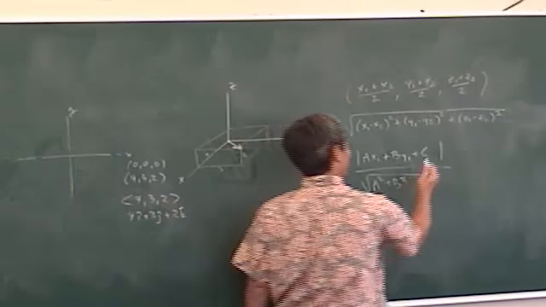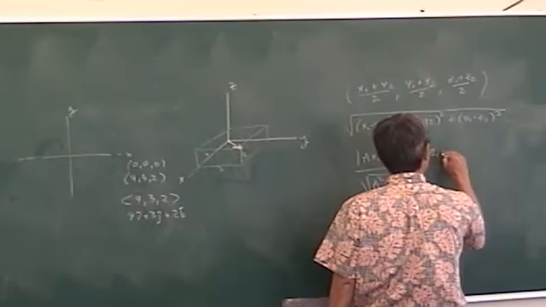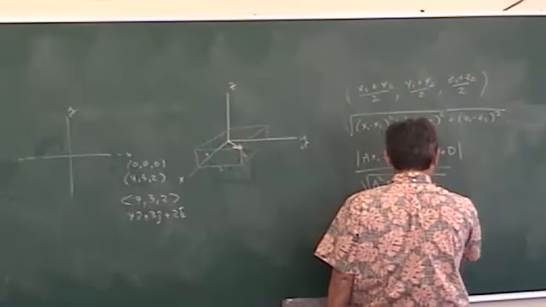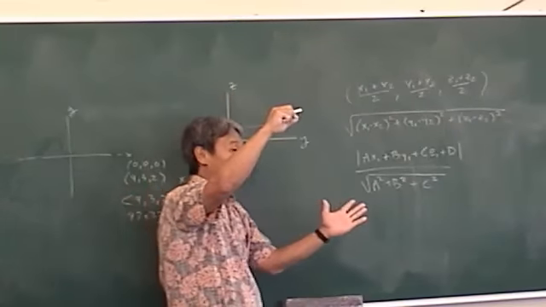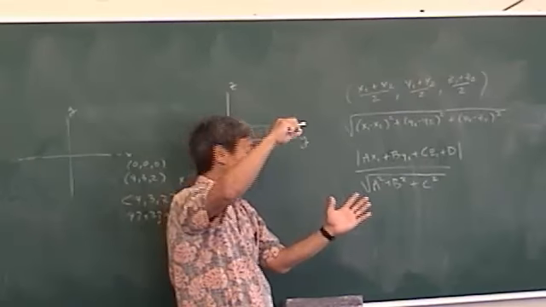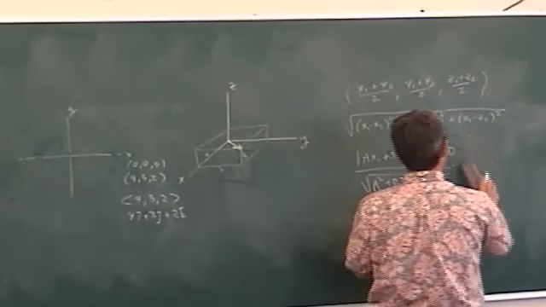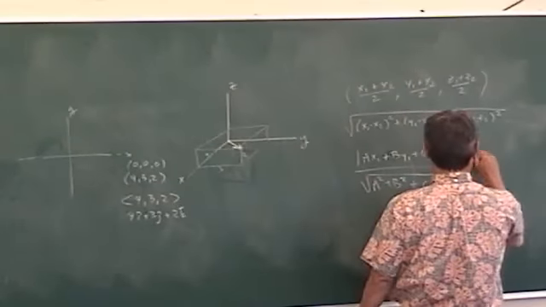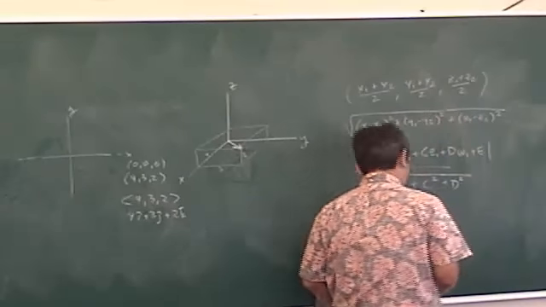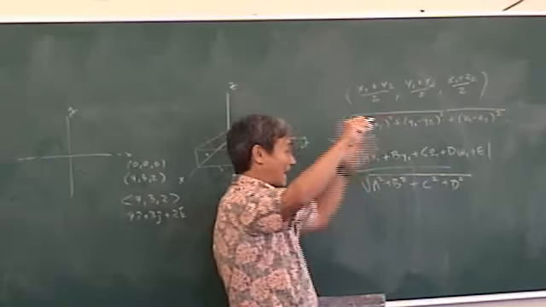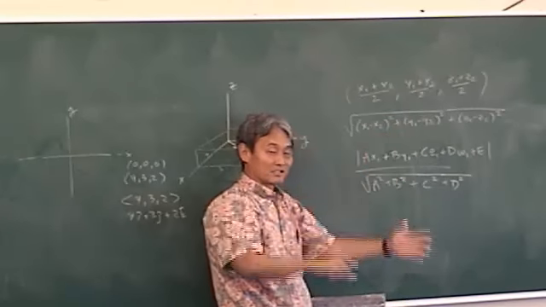So what do you think this is then? That's the distance between a point and a plane in 3 dimensions. So what is this then? This would be the distance between a point and a hyperplane in 4 dimensions.